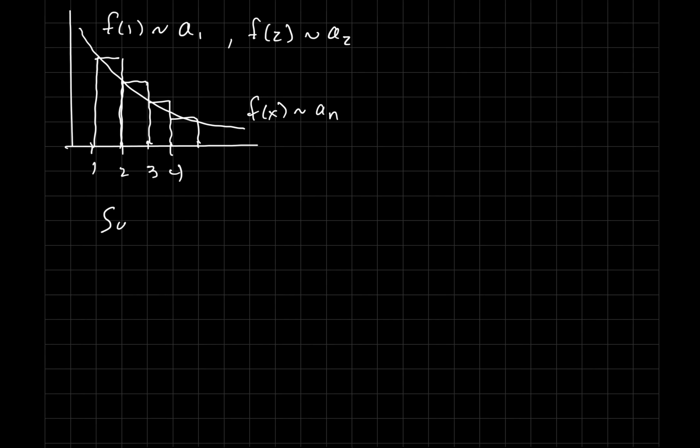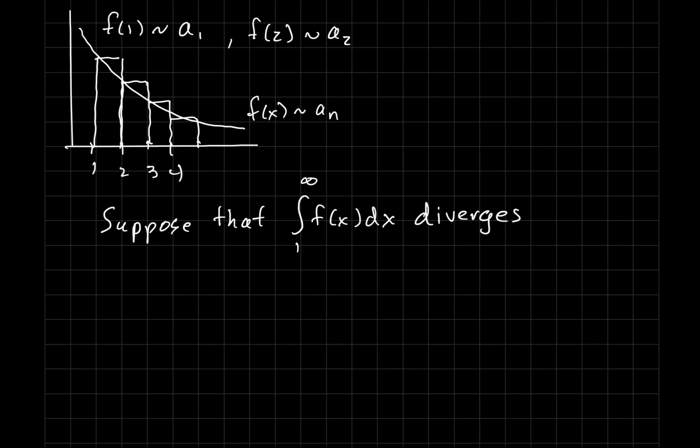And let's suppose that we know something about the integral from 1 to infinity. In fact, suppose that this integral diverges. That means that if we were to take the integral, the value would go to infinity.